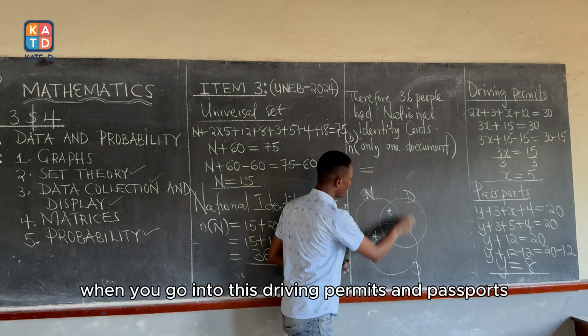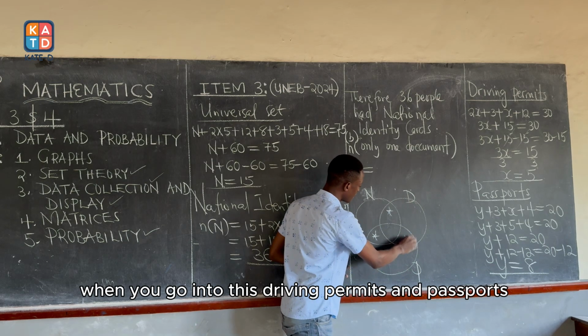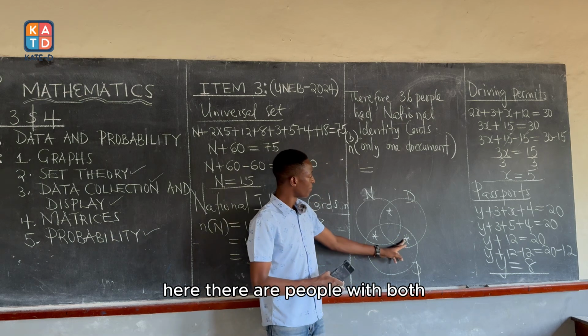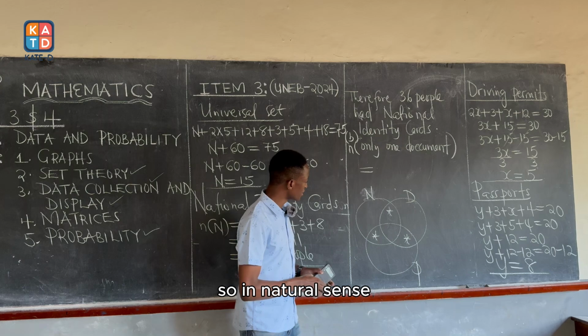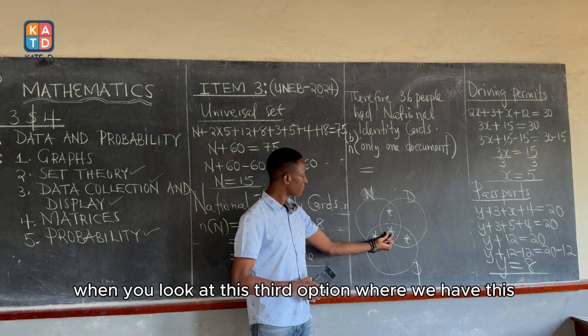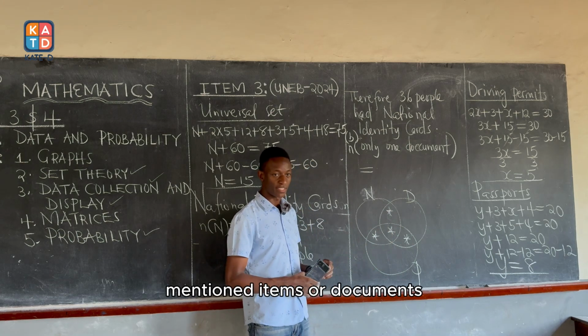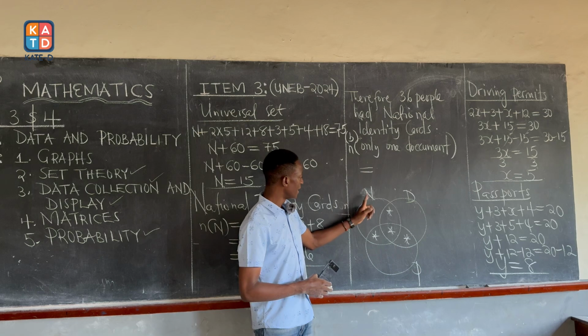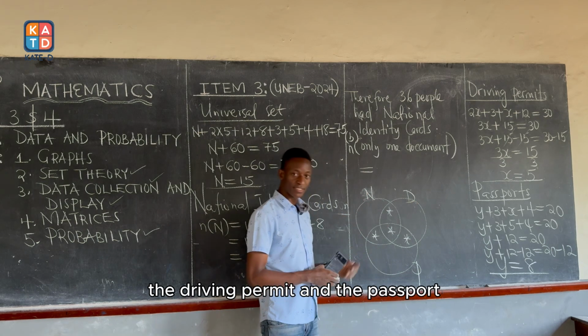Here, there are people with both driving permits and passports. And this third option means that this person has all the 3 documents: the national IDs, the driving permit, and the passport.